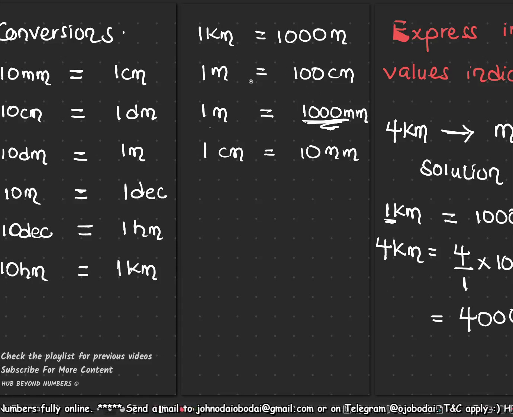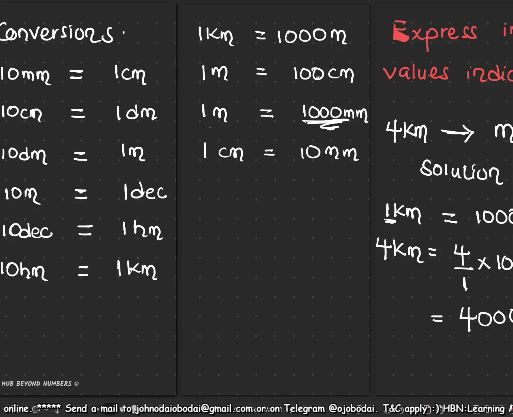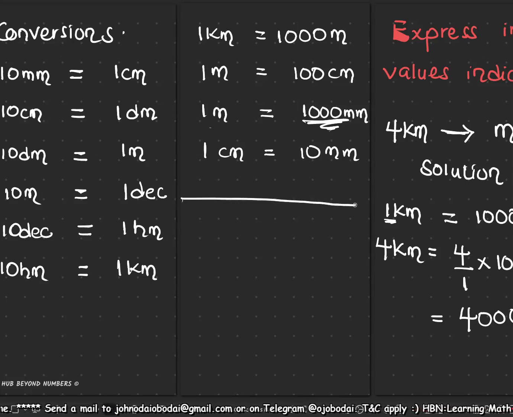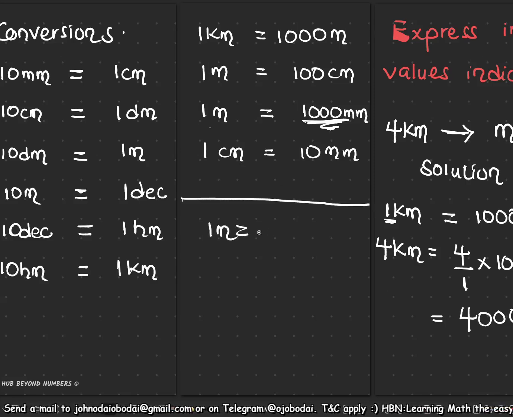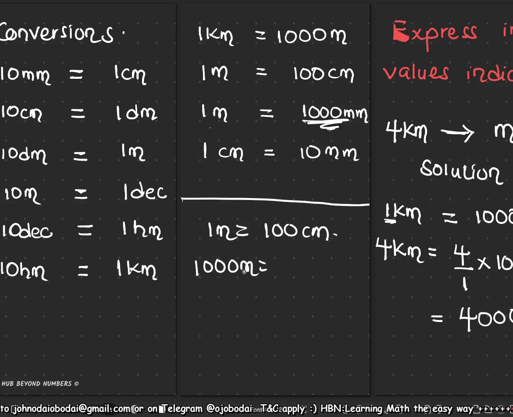So first of all, we know that every meter gives us 100 centimeters. So if a meter equals 100 centimeters, then 1,000 meters would definitely be more.